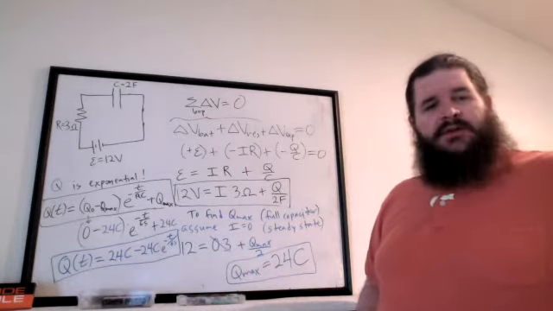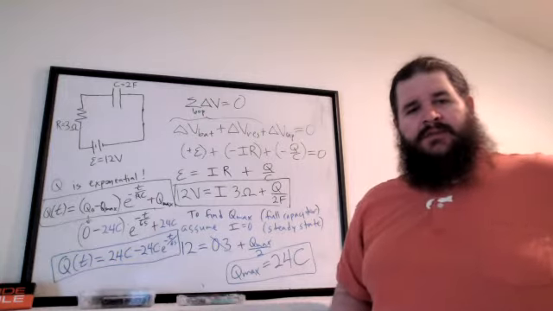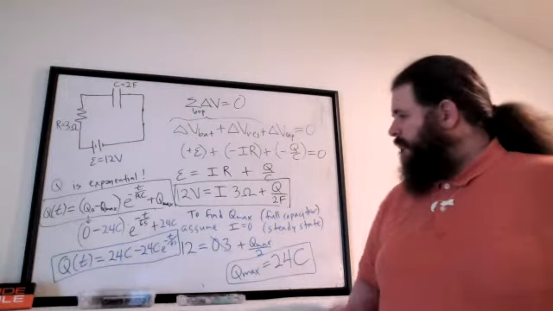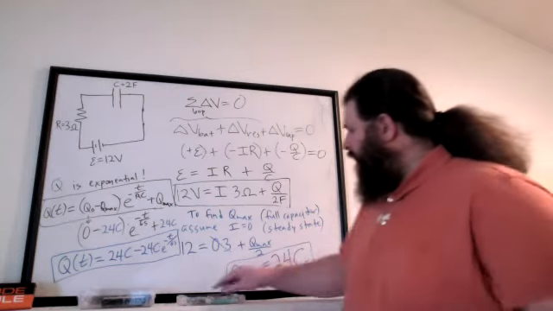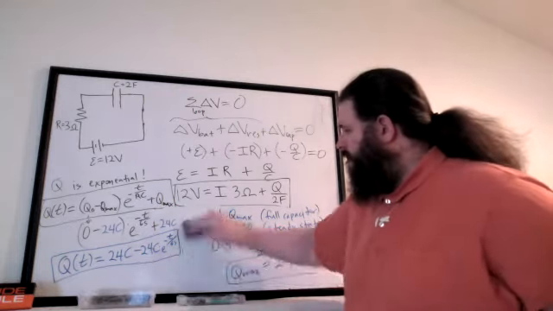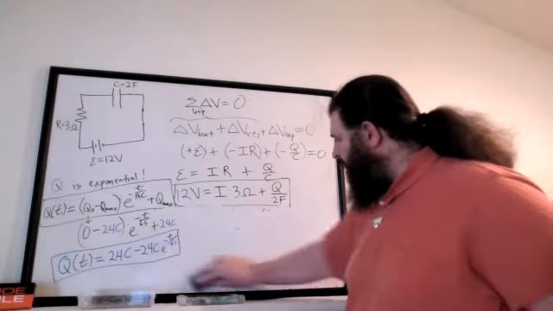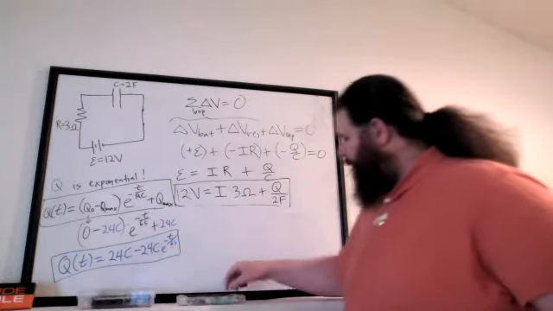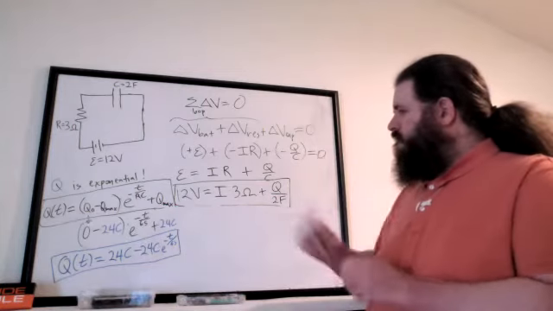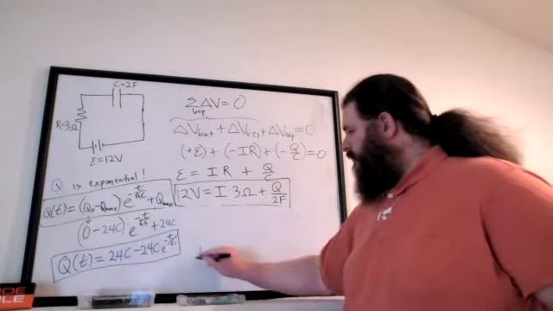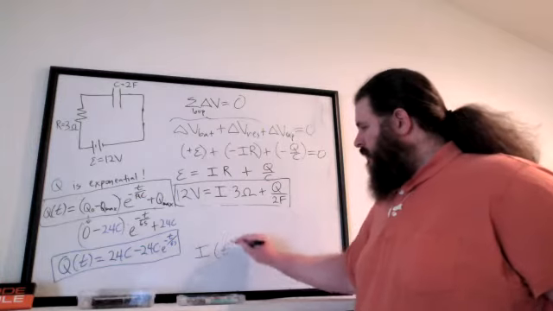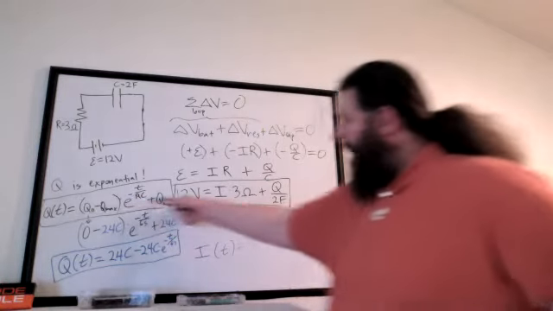And we could do the same thing with current. We could say current is also going to be an exponential function. If we want to write out a function for current, we could use exactly the same approach, just with some slight differences. We could say current is going to follow this exact same pattern.